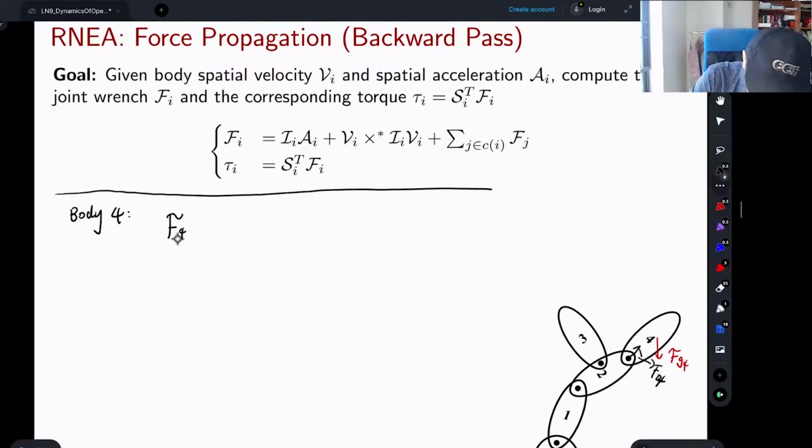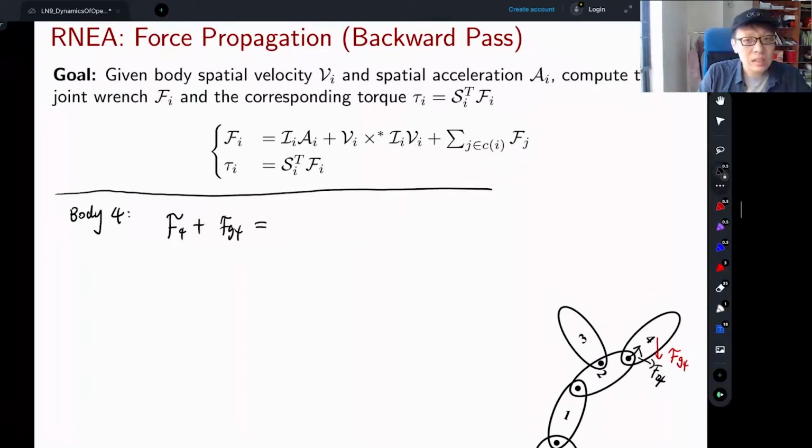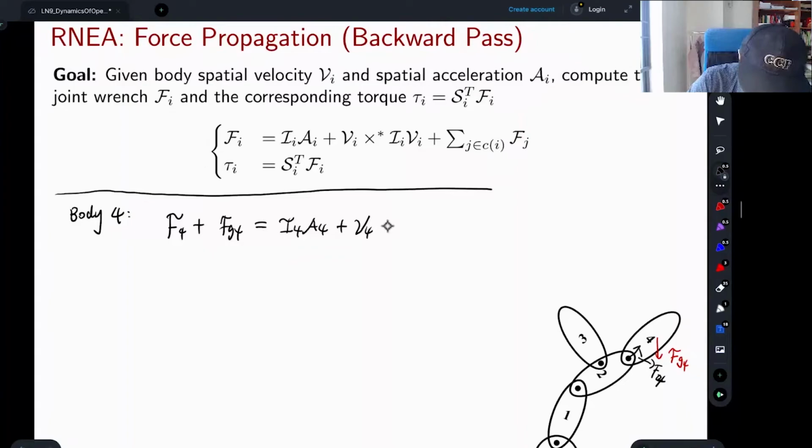So I would say those are the two forces applied to the body, right? So F4 plus Fg of 4 equals the motion, right? This is the total net wrench, which according to Newton-Euler equals I4 A4 plus V4 cross I4 V4. Okay, that's it.